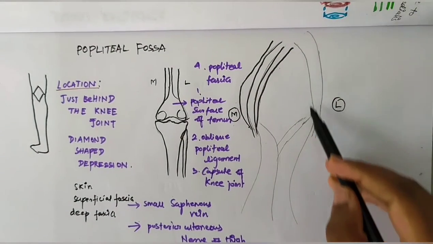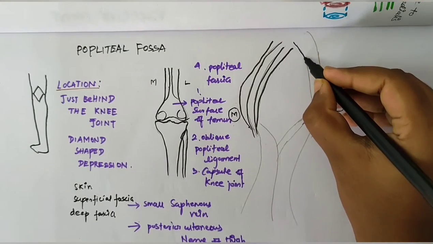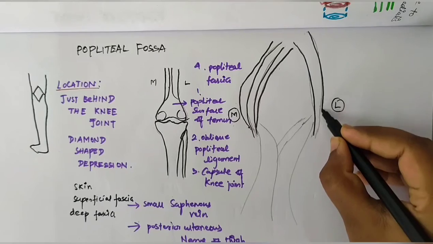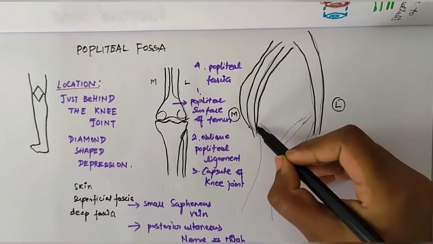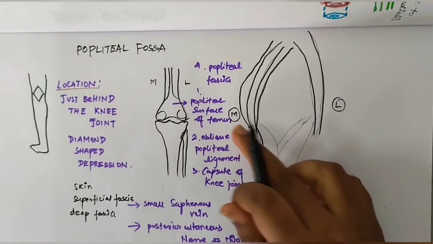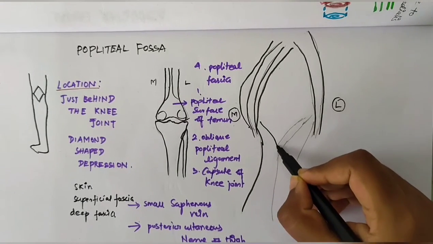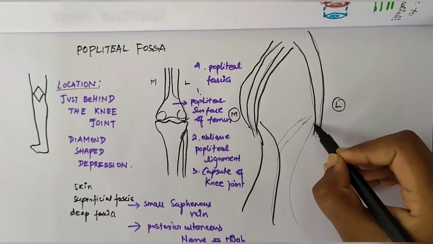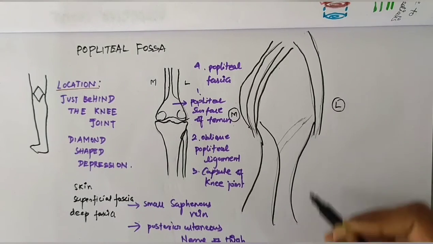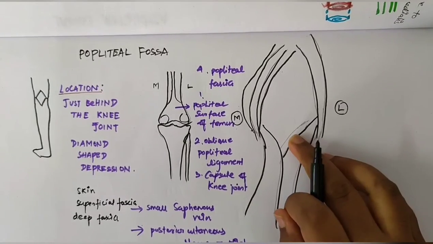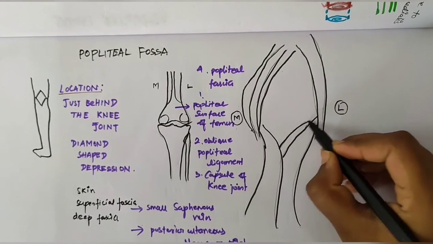On the lateral side we have biceps femoris. And this is the medial head of gastrocnemius muscle, and this is the lateral head of gastrocnemius muscle, and the other is the plantaris muscle.